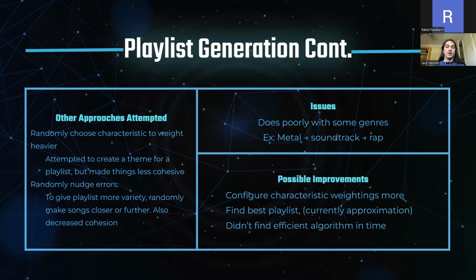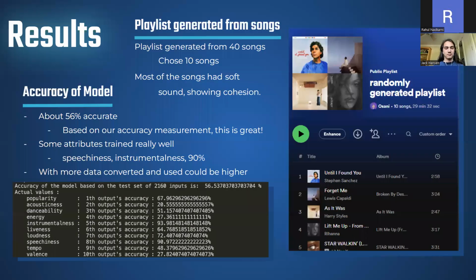Another change would be to find the best playlist instead of a current approximation, but I couldn't find an efficient algorithm to go through all the possibilities, or at least quickly rule out poor possibilities.